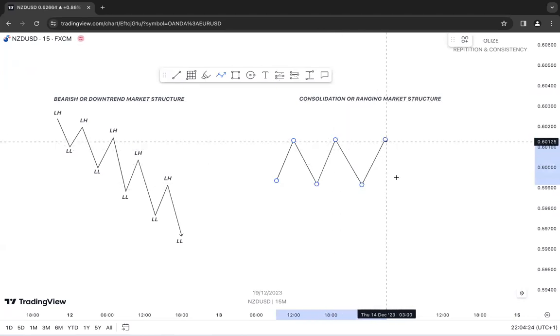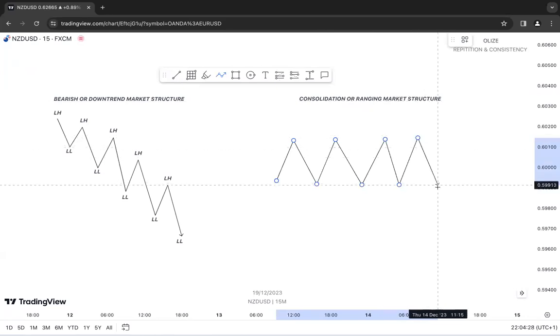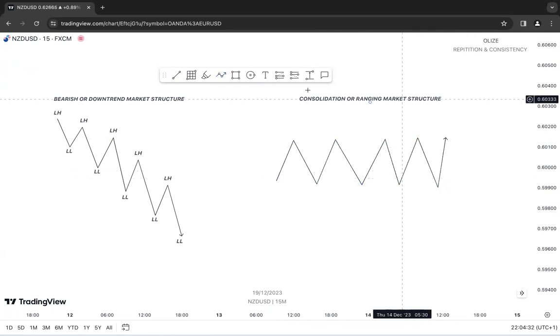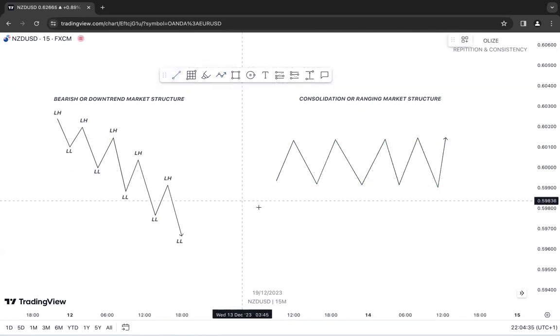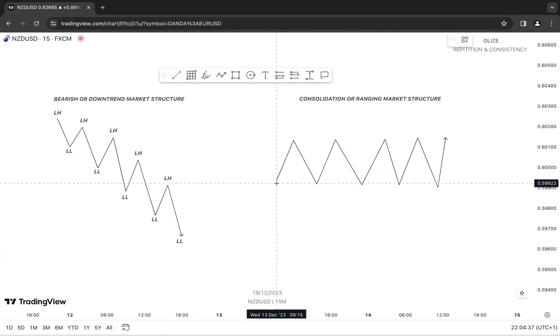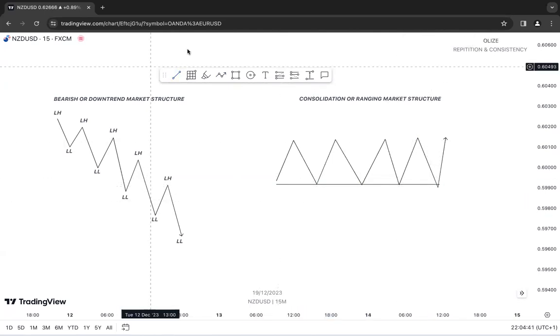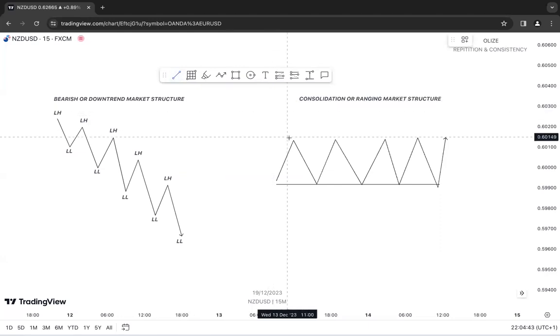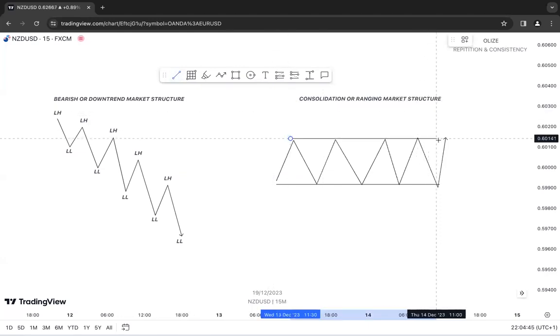So this is what retail traders call support and resistance, or you can call it demand and supply. For me, this is when price is creating series of equal highs. It doesn't have to be perfect. Equal highs and equal lows.